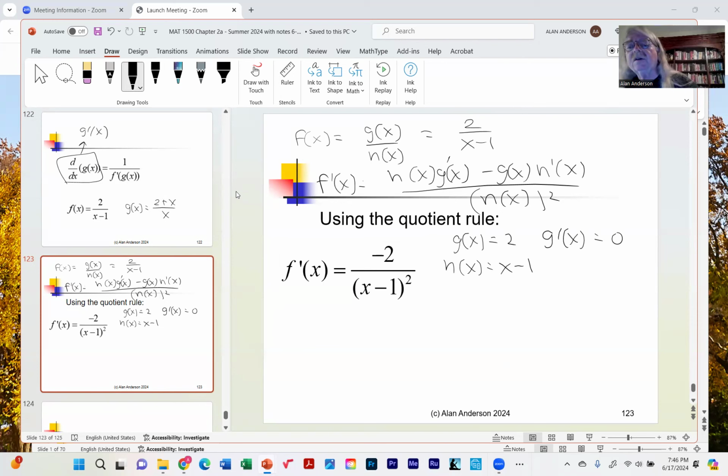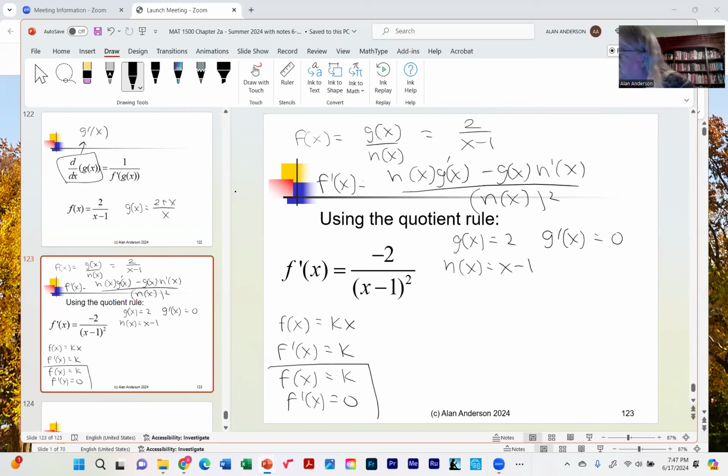And you might also recall that if you have a function like just kx, its derivative is just k. So these are two special cases. The derivative of a constant is 0. The derivative of a constant times x is just k.